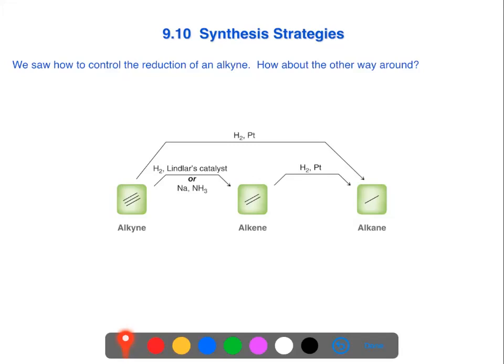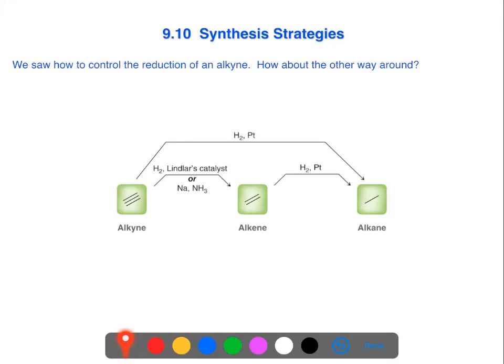So if we prefer to form a cis alkene, meaning syn addition to the alkyne, we chose hydrogen in the presence of a less reactive, poisoned catalyst, that is Lindlar's catalyst. From that reaction, we would obtain a cis alkene.